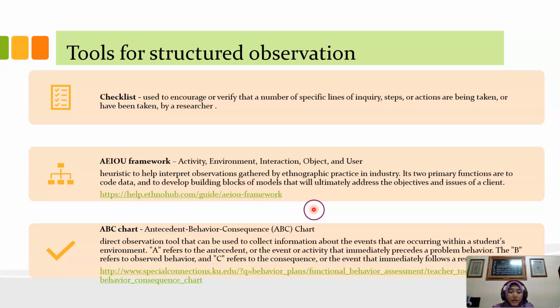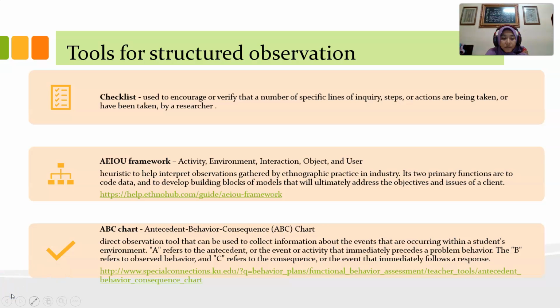And then we have the ABC chart. What is ABC? Antecedent, behavior, consequence. It is also a template, same as the AEIOU. You need to fill in what is the antecedent, behavior and consequence for that situation. We call this a direct observation tool, which can be used to collect information about events that are occurring within a student's environment, for example.